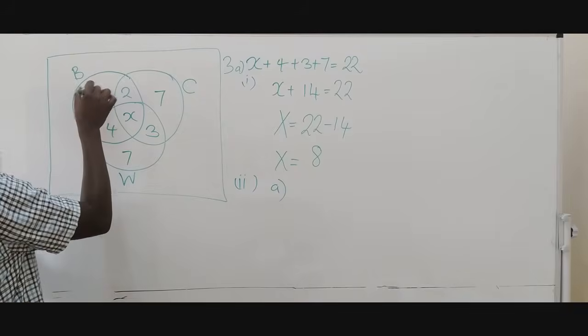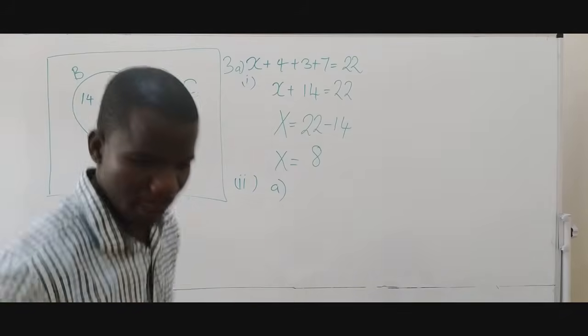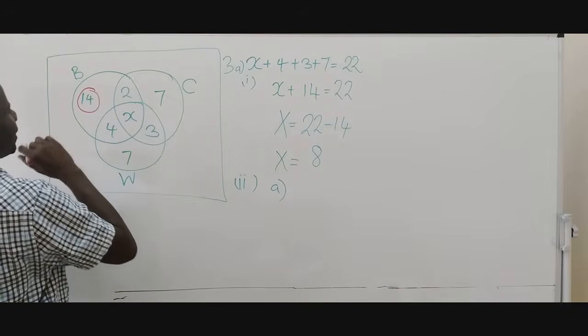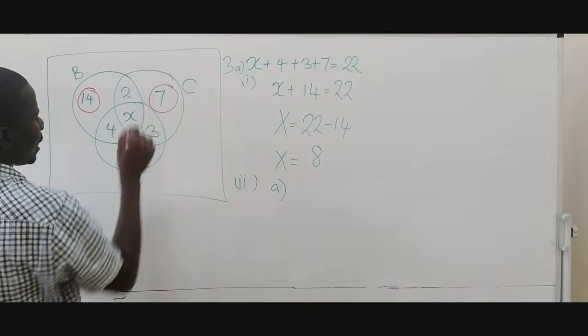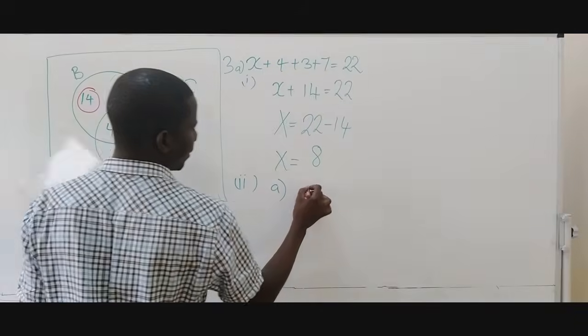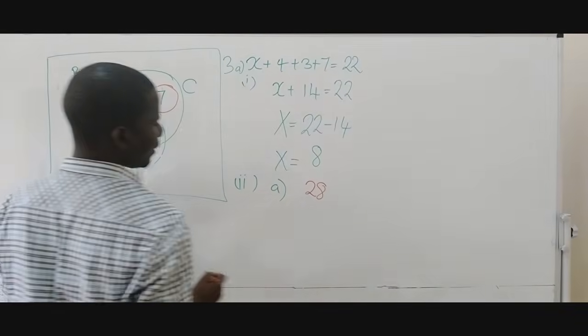These ones only use buses, these ones only use cars, and these ones only walk. So we need to add these three numbers. We're going to get 28.